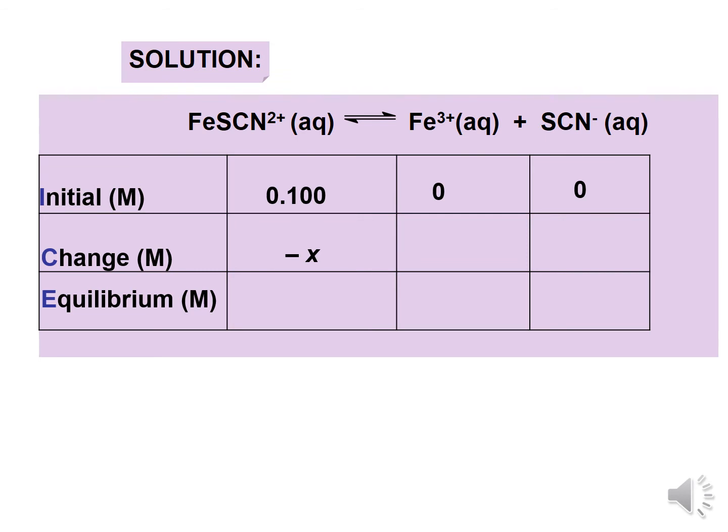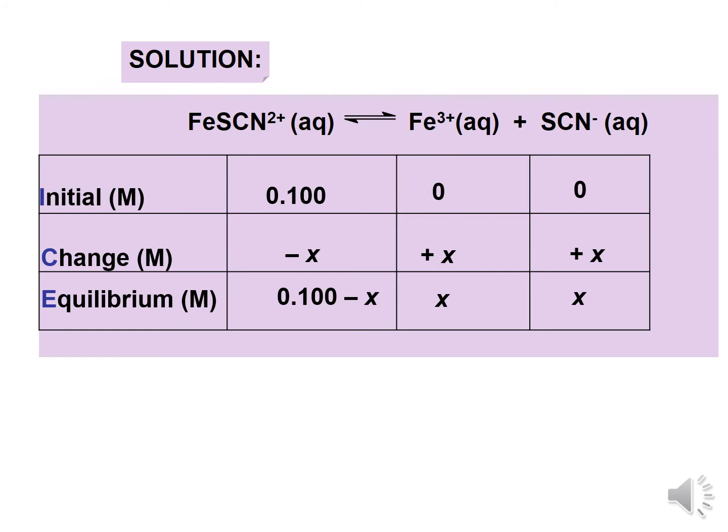For iron 3 positive ion and thiocyanate ion, the change is plus 1x because the concentration of products increases with time. Then the equilibrium concentration equals initial concentration plus the change in concentration.